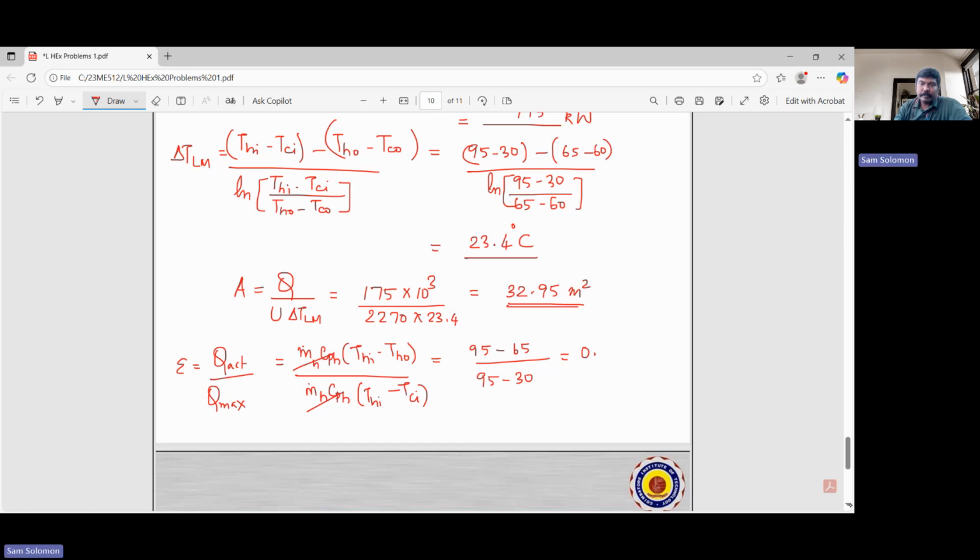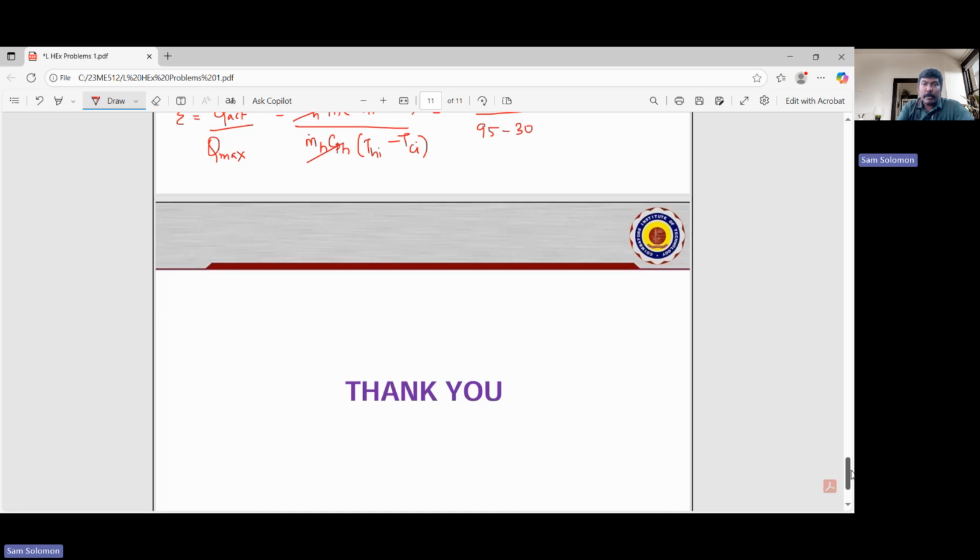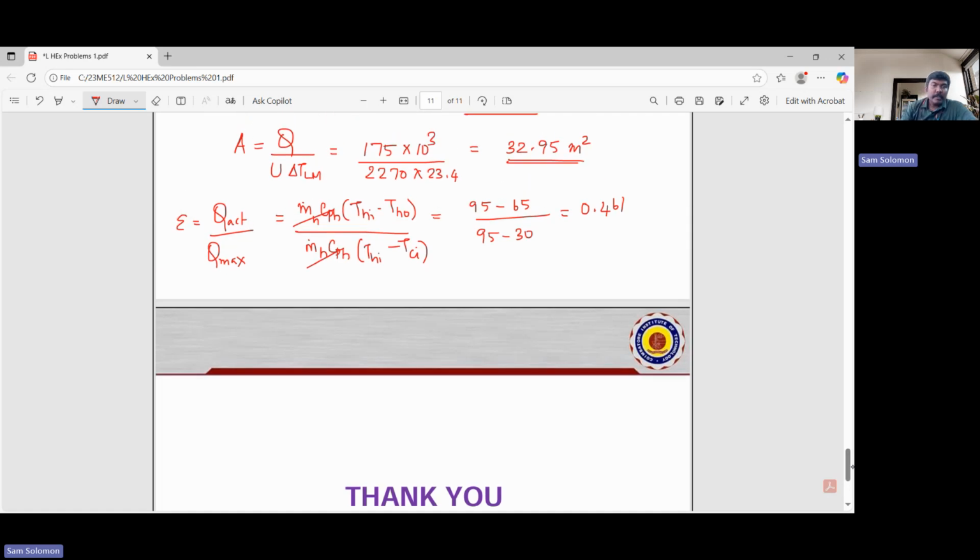Okay. So in this particular case, your m dot h CPH is equal to m dot C CPC. What if both of them are different? So in that scenario, the general equation actually happens to be, your effectiveness is generally defined as, this could be anything, your QH or QC divided by Q max.